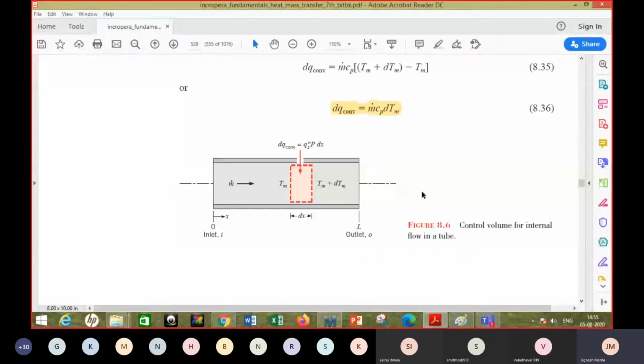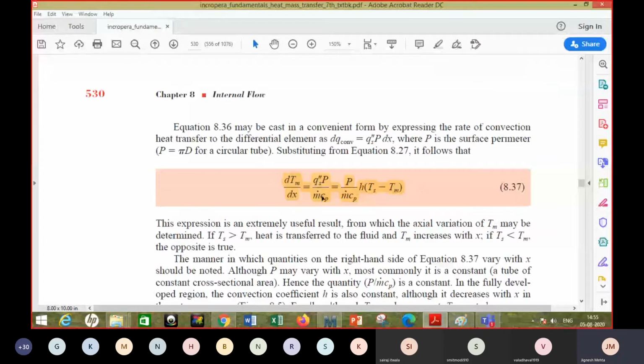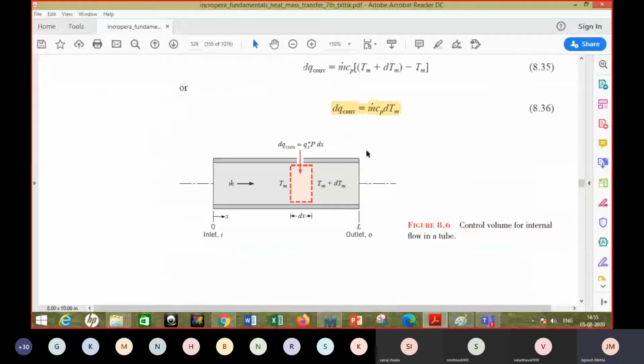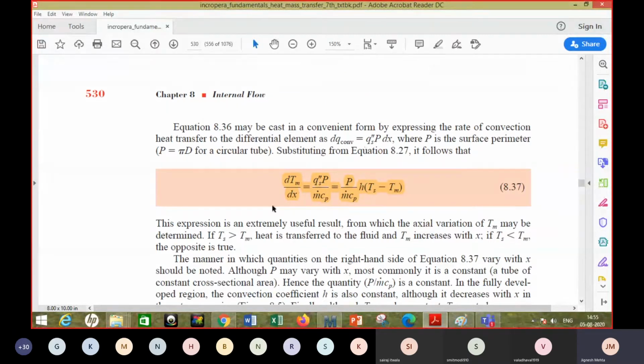Okay, so with this, if you perform this dTm by dx from the previous equation, you can say it is equal to qs double prime into P upon m dot Cp, right? Or qs double prime is nothing but h into (Ts minus Tm). So it is P upon m dot Cp into h into (Ts minus Tm).